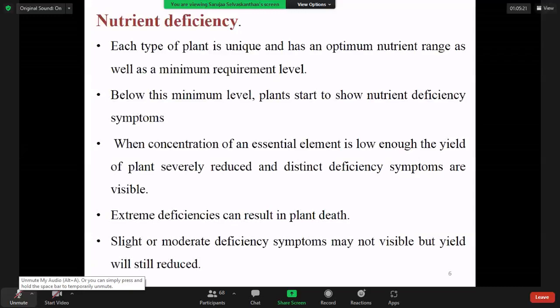We can see nutrient deficiency in soil if the minimum required nutrient level is not met in the soil.